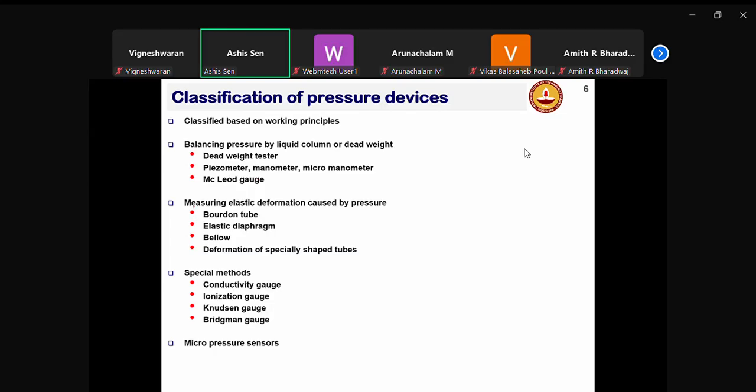And pressure can also be measured by looking at the elastic deformation caused by pressure. In this category, we're going to look at Bourdon tube, elastic diaphragm, bellows, and deformation of specially shaped tubes. Then there are special methods that we're going to look at: conductivity gauge, ionization gauge, Knudsen gauge, Bridgman gauge, and so on. And we'll briefly talk about some micropressure sensors.